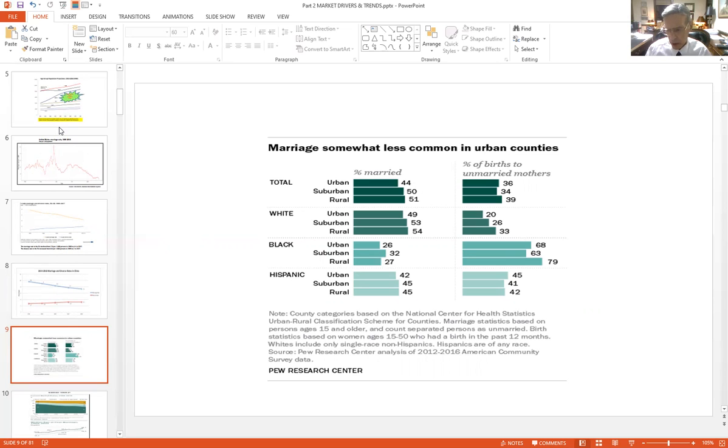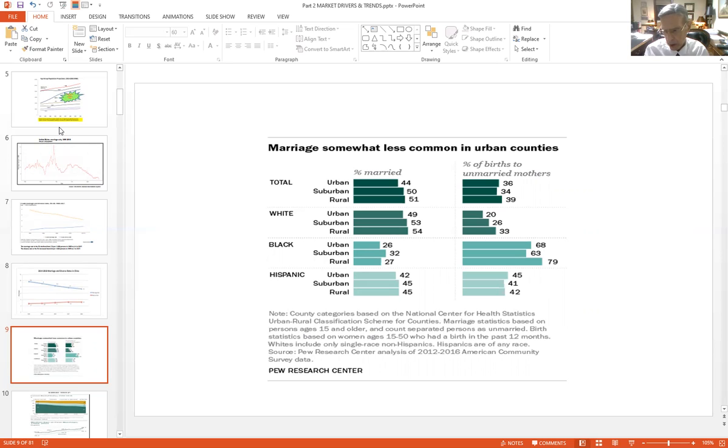So here is a chart that shows that the marriage rate is a little bit lower in urban areas than suburban and rural areas, and that depending upon the ethnic group that you're talking about, the marriage rates will be a little higher or lower among the African American community.